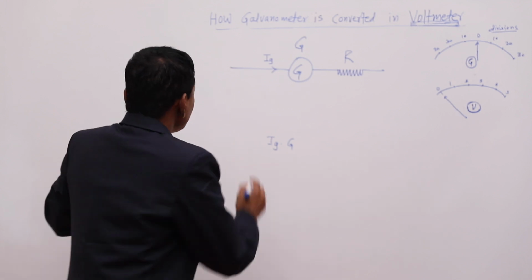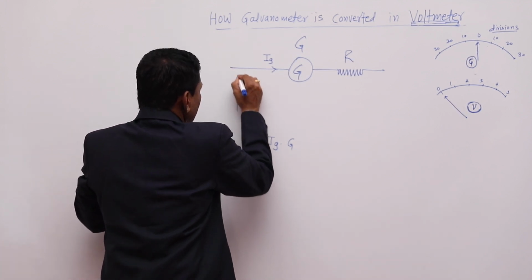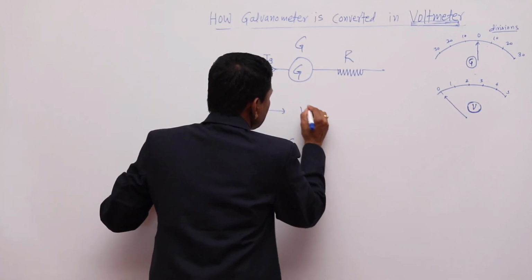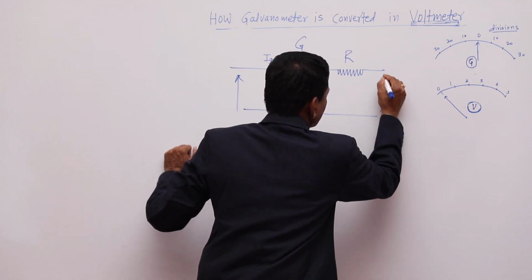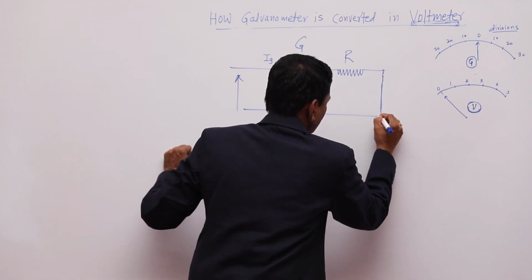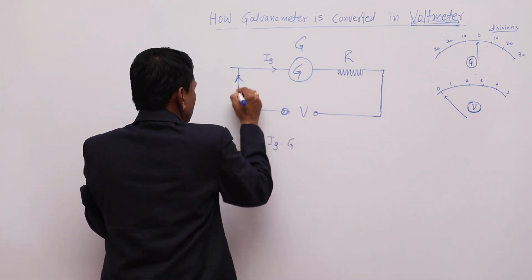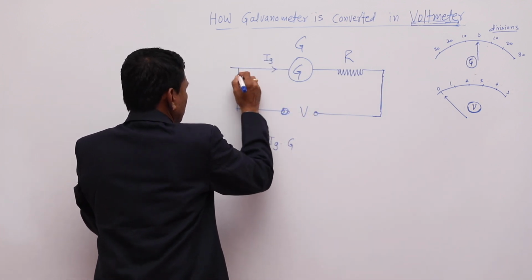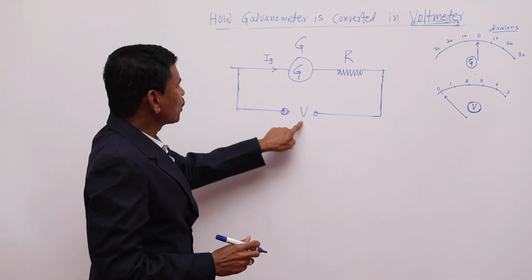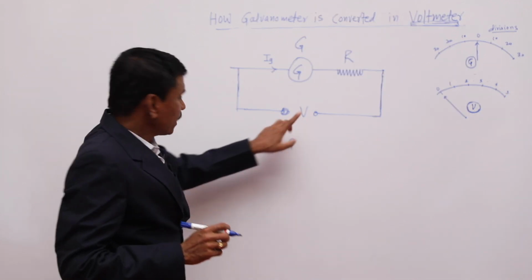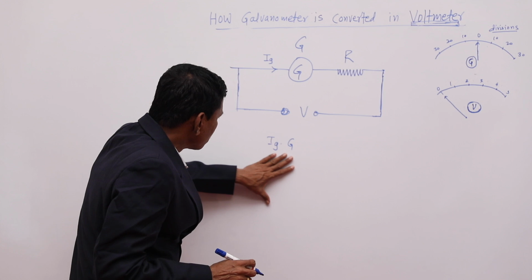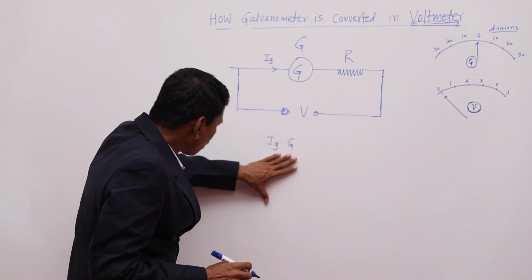Okay. Here we want to measure potential difference V. So V, the potential difference, is to be measured. Initially this was the range of the galvanometer.